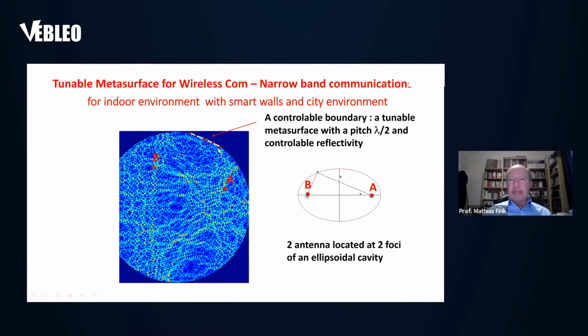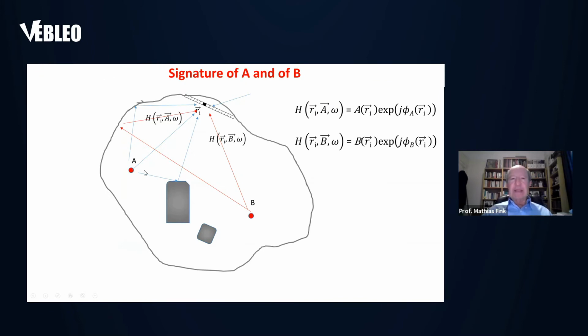And each element can have a reflectivity that can be controlled in phase or even in amplitude. Now, how can I play to maximize communication between A and B? Imagine that you are in a room with obstacles, and A and B want to speak perfectly with each other. Imagine that here you have your boundary where you can measure the field emitted by A.